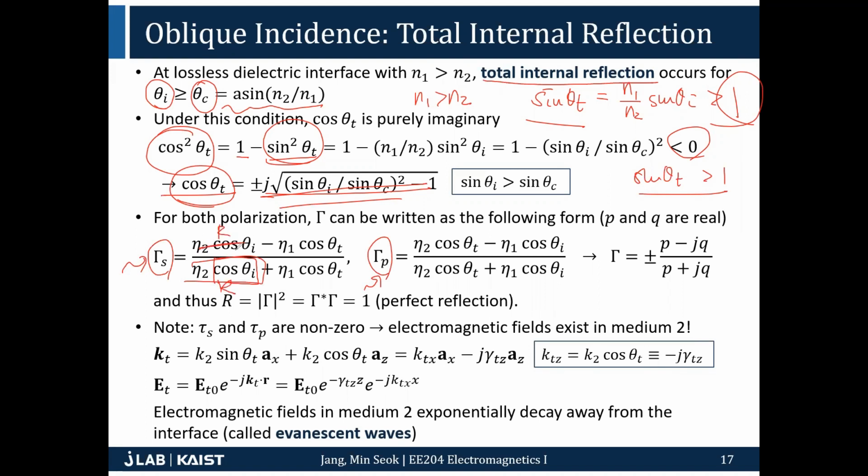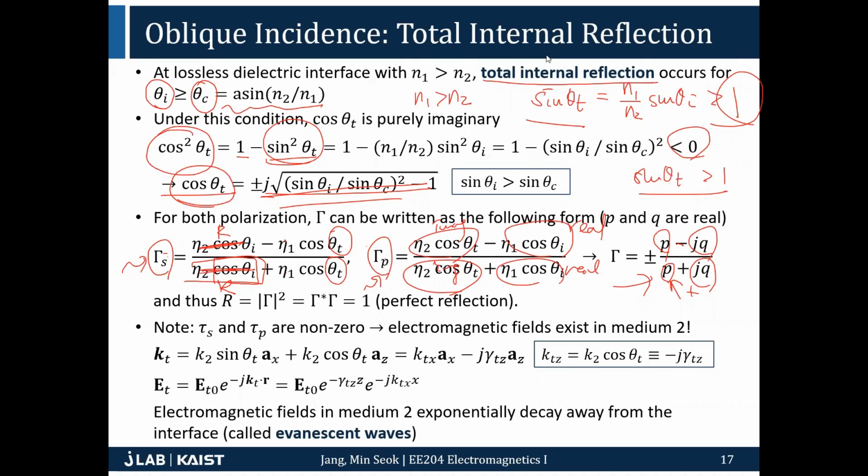This is also a real number. But here, because cosine theta t is purely imaginary and this is a real number, both cases can be written like this: a purely real number plus a purely imaginary number, and a purely real number minus a purely imaginary number. Here the same: these two are real numbers and these two are imaginary numbers with the same magnitude.